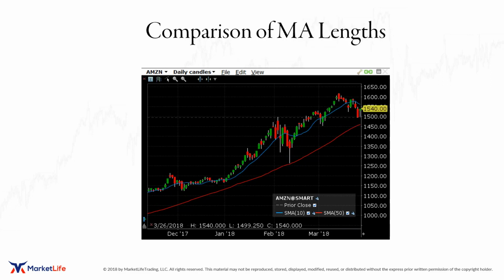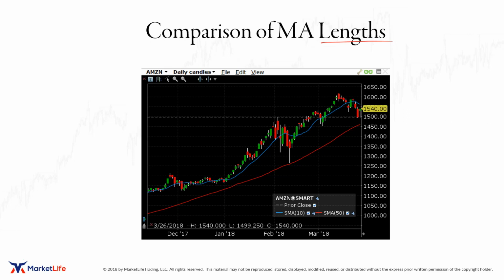One of the big differences with different types of moving average is the length or period of the moving average. Now on your screen, I'm showing you two simple moving averages of different periods. The red is a 50 period, the blue is a 10 period. And because the blue averages a shorter window of prices, you can see it hugs price much more closely.